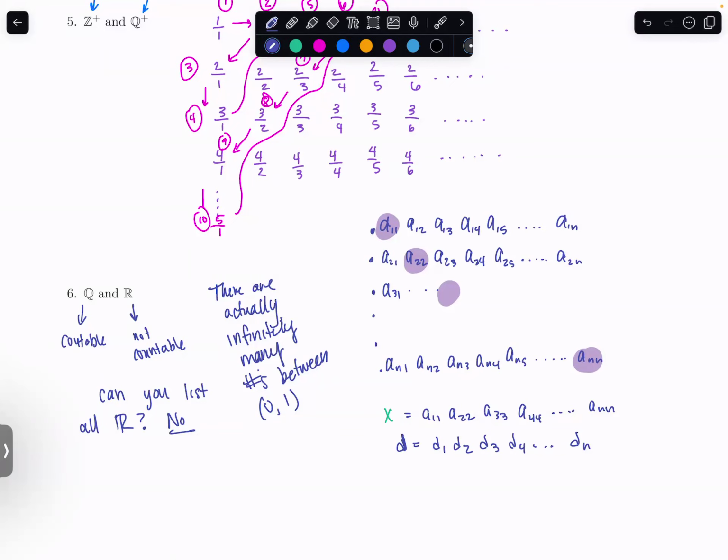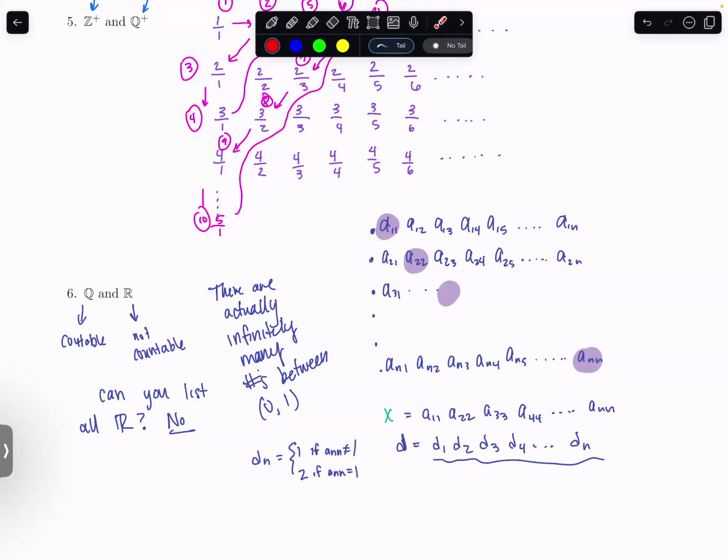So in this thing, DN is going to be 1 if ANN is not 1, and it's going to be 2 if ANN is 1. So what this does is we have come up with a number that's not in the list.